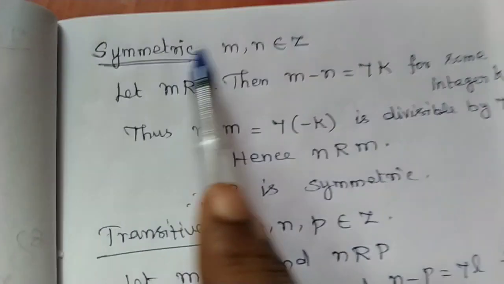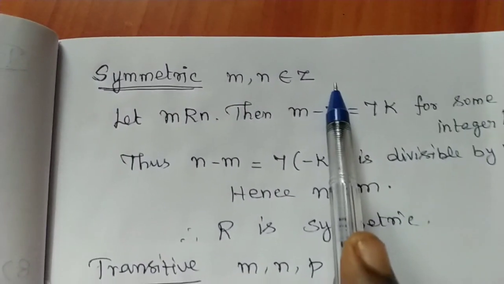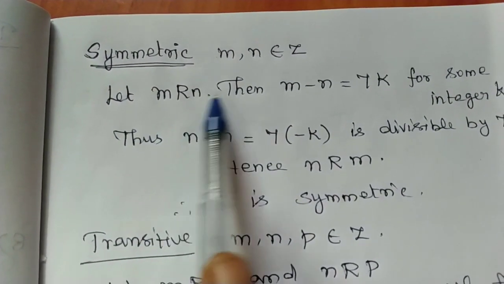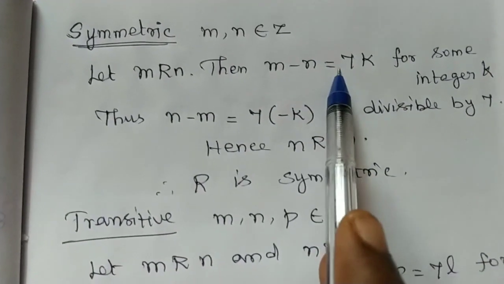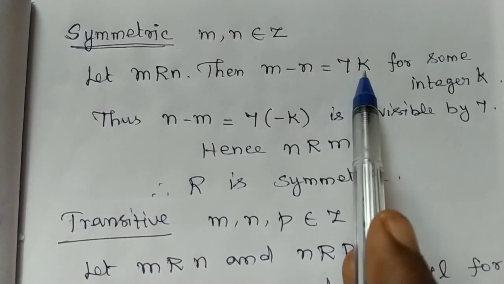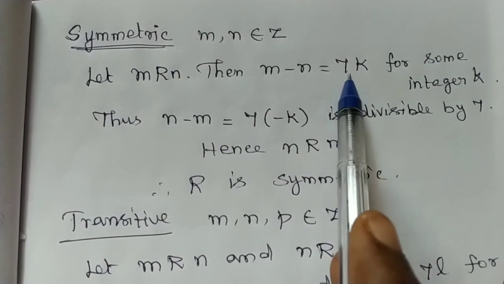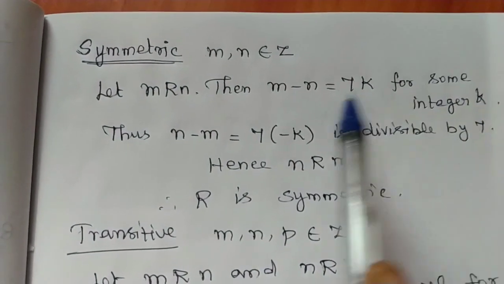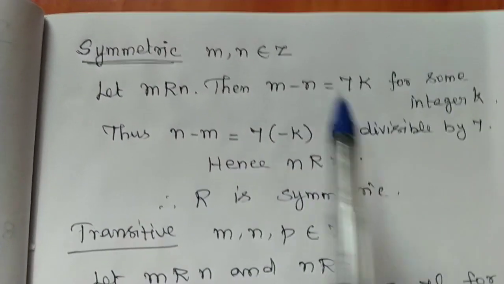Next, symmetric: m, n belongs to Z. Let m related to n. m related to n means m minus n equals 7k, that is divisible by 7. Then I will take 7k for some integer k. Okay, so it is a statement. We want to find n minus m.